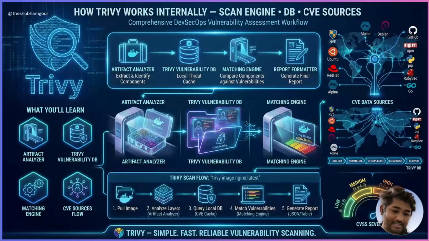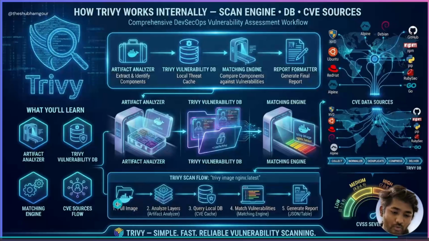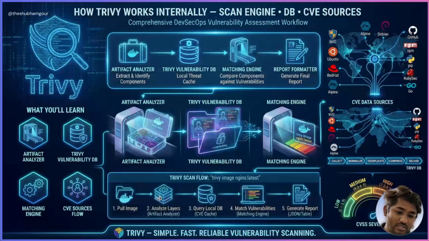And let us understand how this scan flows once again. Once you pull the Docker image, the image is analyzed using the artifact analyzer. Then a local query is run against the Trivy vulnerability database. That database is maintained by Aqua Security, which fetches the data from multiple sources: advisories, package manager, OS, and NVD. Then it is passed to the matching engine, where it matches the previous version and the current version.